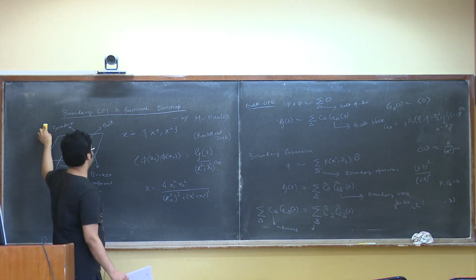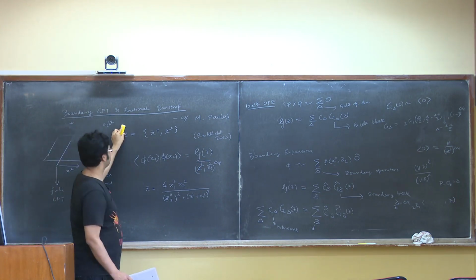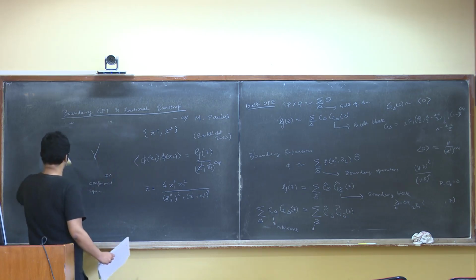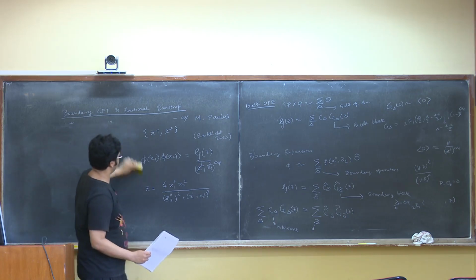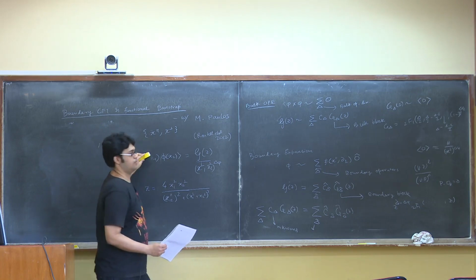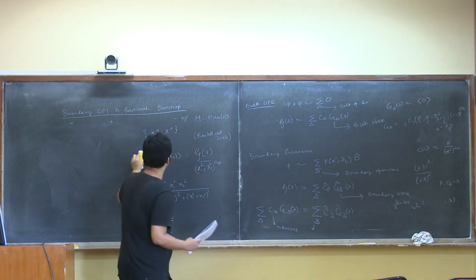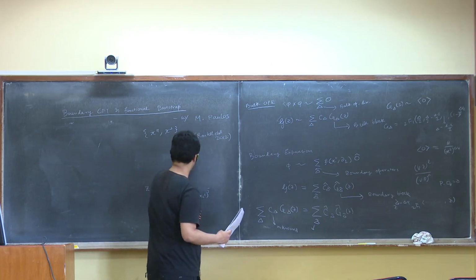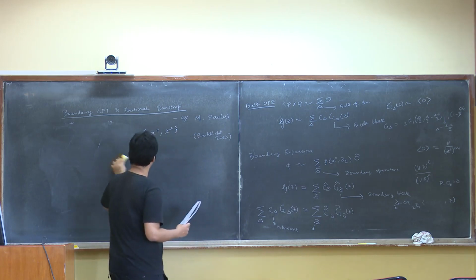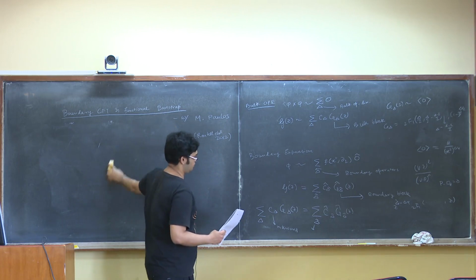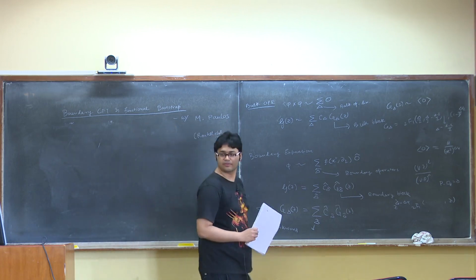So can I erase this part of the board? These blocks are known in closed form for any dimension? Yes. So even the G hat is known for any dimension? Yes.